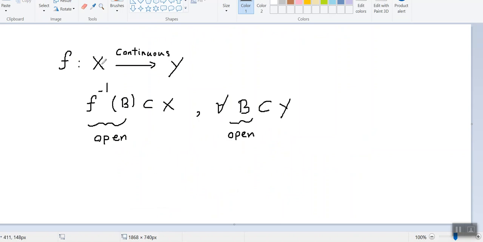If X and Y are two topological spaces and f is a continuous function from X into Y, then saying f is continuous is equivalent to saying that the inverse image of an open set is open. It means for every open subset B of Y, f inverse of B as a subset of X is open. This is a very well-known fact from topology.